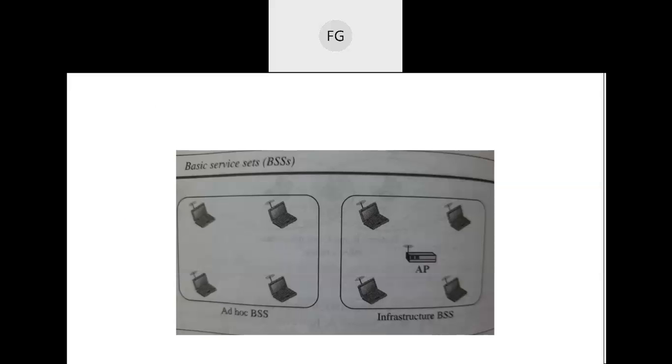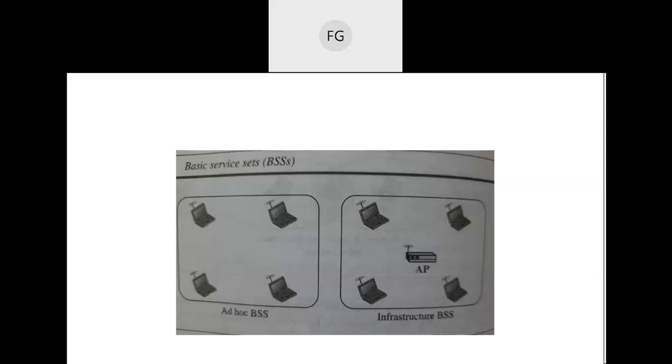This is the example of an ad hoc basic service set and an infrastructure basic service set. Here in the first picture, that is the ad hoc basic service set, we can see that there are no access points used, while in the infrastructure BSS, there is the use of the access point, AP.